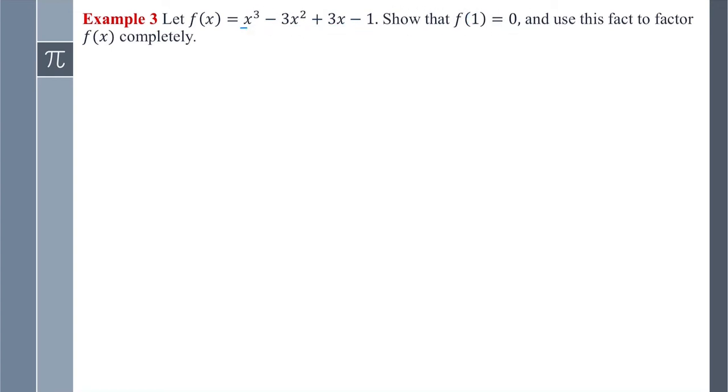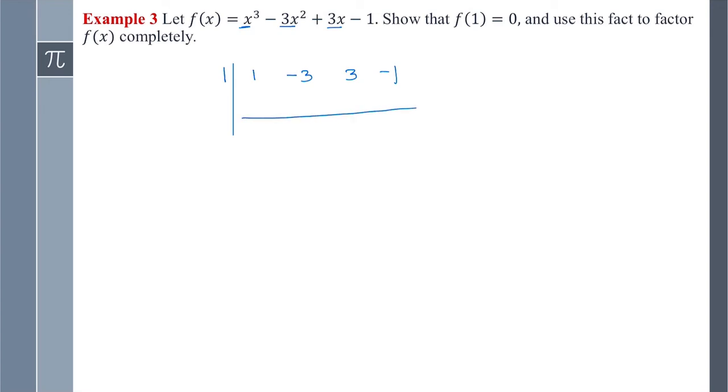So we'll divide this polynomial by 1. We'll write 1 here, draw that line, and then list the coefficients. The coefficient of x cubed is 1, the coefficient of x squared is -3, the coefficient of x is 3, and then -1.